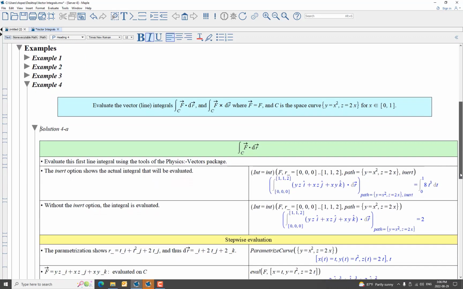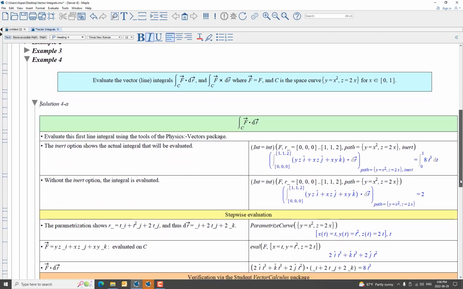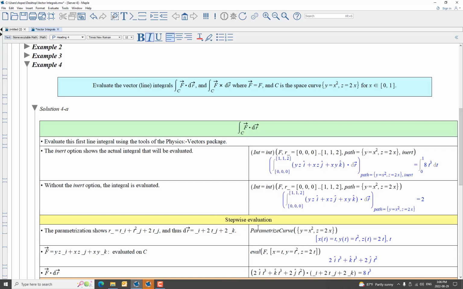We can obtain that integrand stepwise. If you apply the ParameterizedCurve command, you'll see that this pair of equations comes out, t squared, 2t, parameter is t. That means the vector r is t, t squared, 2t with ijk, and so dr is going to be 1, 2t, 2 with ijk.